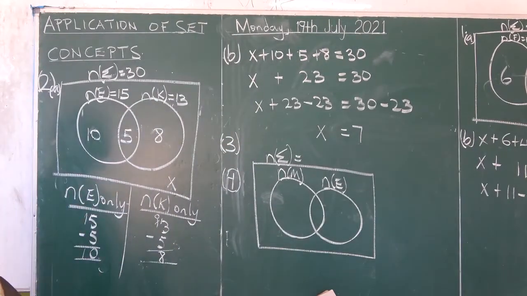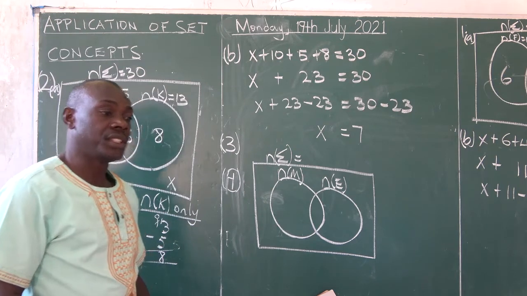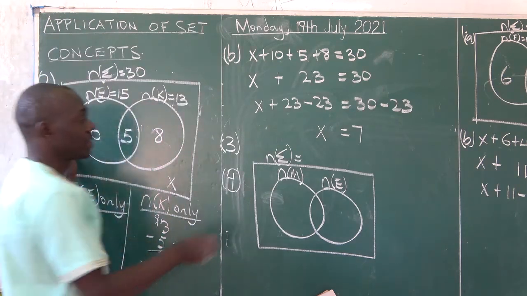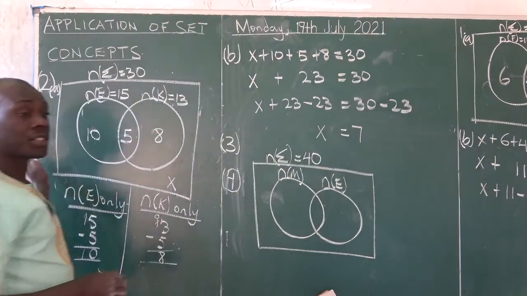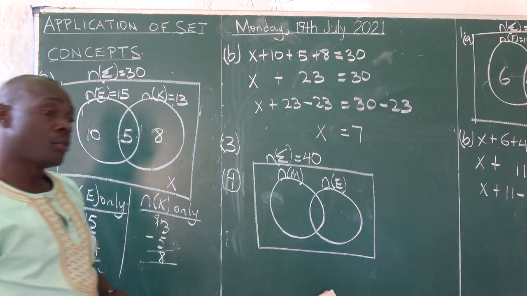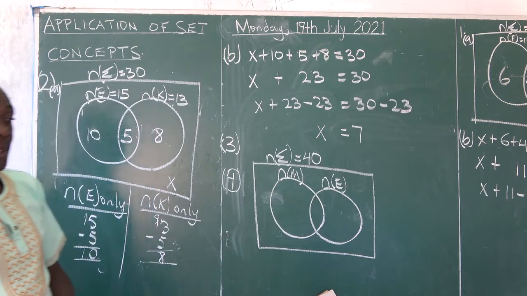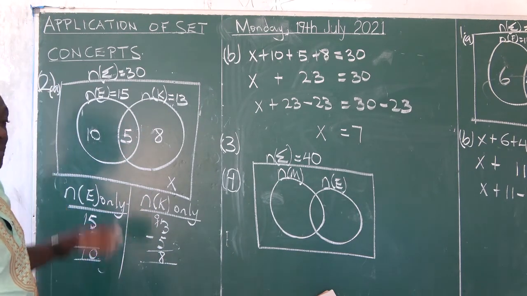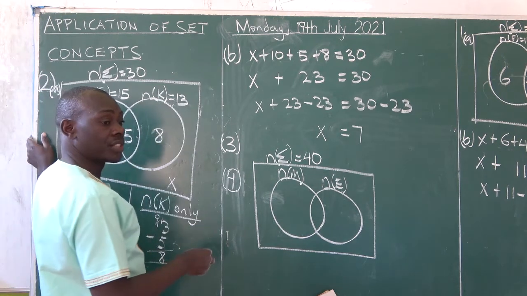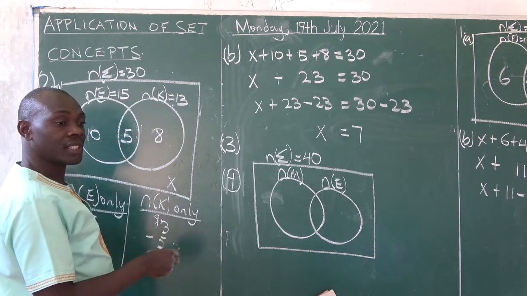And now you start filling in as you read. In a class of 40 pupils, that is about the universal set. We shall go slowly with these ones so that whoever is on the platform may hardly have any problem in future about set concept application.